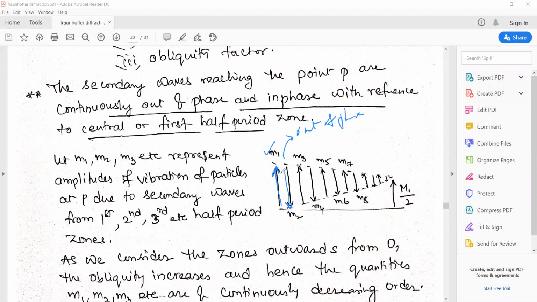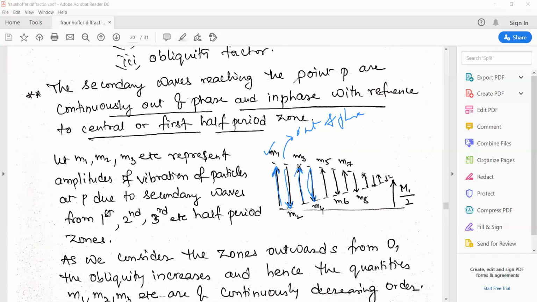The third zone amplitude is M3, which is in phase with the first zone. Similarly, M4 is out of phase with respect to the first zone. M5 is in phase with M1. Similarly, M6 is out of phase. So all odd zones will be in phase, and all even zones will be out of phase with respect to the first half period zone.